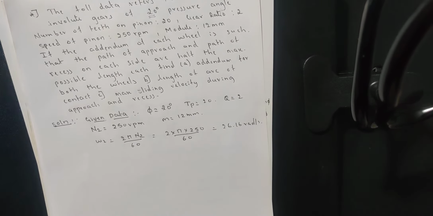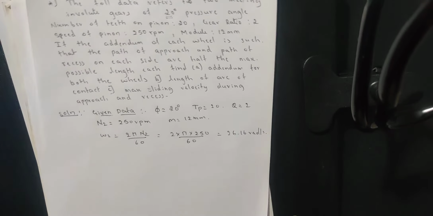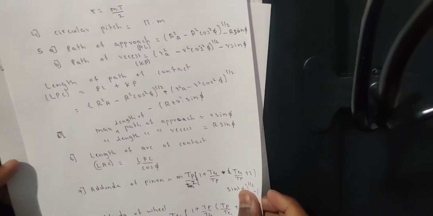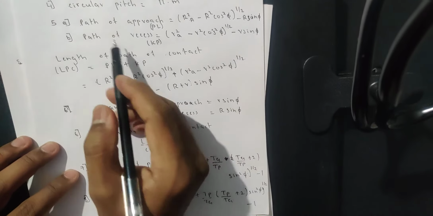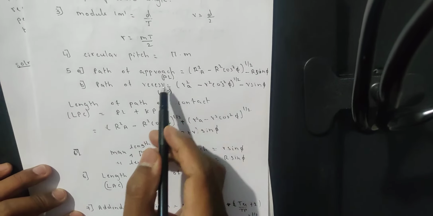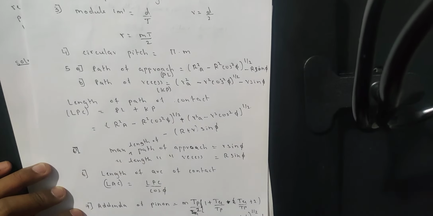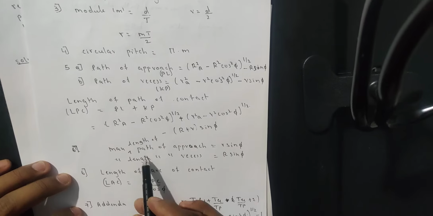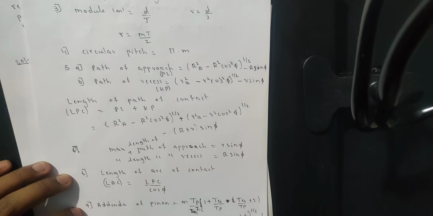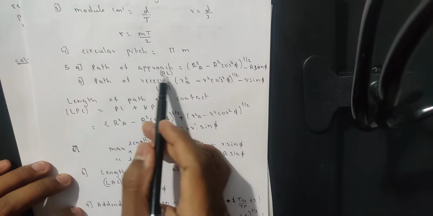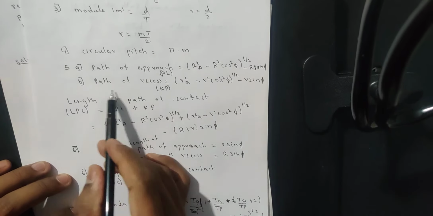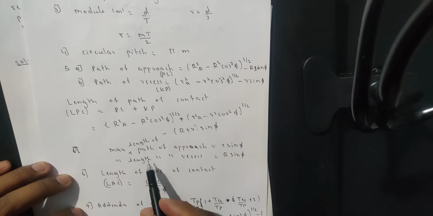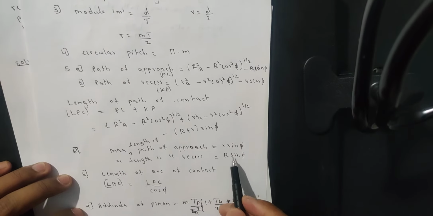If you observe the formula which we had discussed, this is the path of approach and the path of recess, which will be equal to half the maximum length, meaning r sin phi by 2.